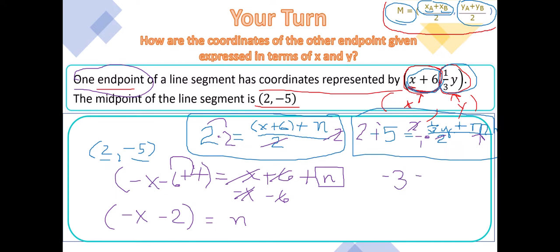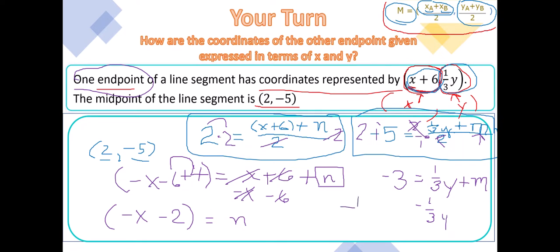So negative 3 is equal to, now that the 2 cancels, we're left with 1/3 y plus n. All right, so all we have left to do is subtract 1/3 y from both sides.